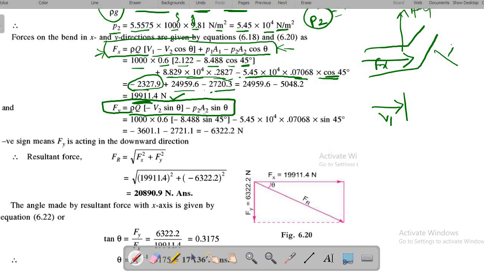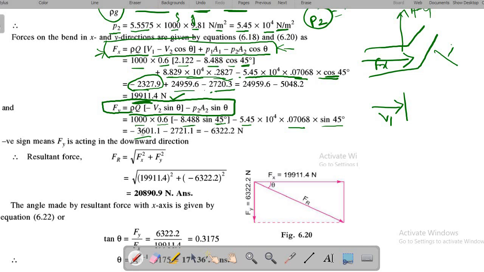It is important to calculate Fy. Okay. So rho is 1000, Q is 0.6 minus 8.488. This is what V2 value sin 45 minus P2 5.45 into 10 to the power 4, A2 0.7068 into sin 45. So substitute and calculate.